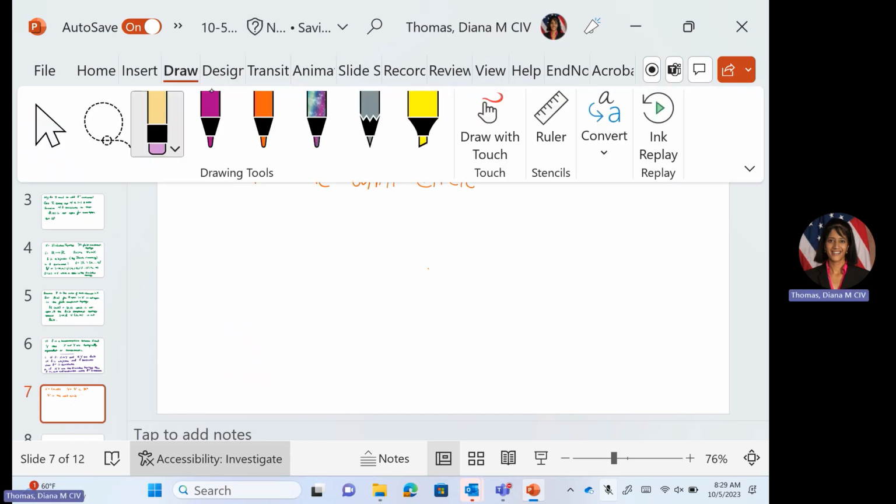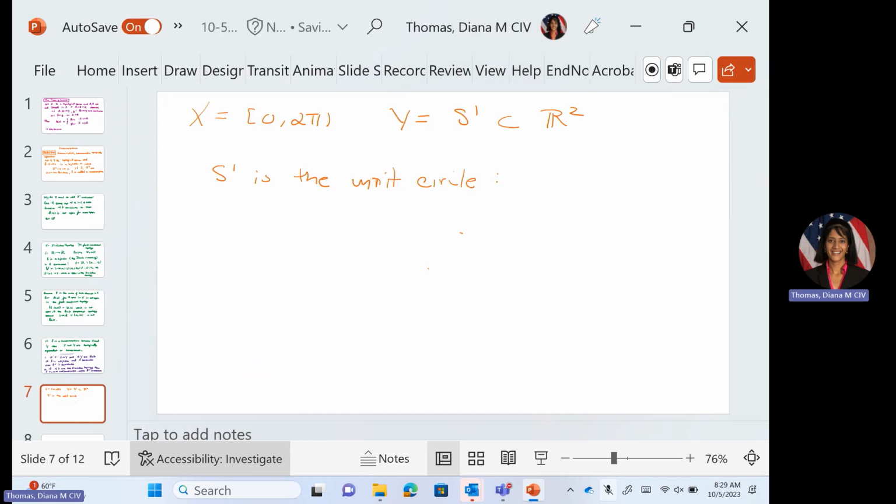So S1, we'll start using this notation for circles and spheres. The unit circle in R2 is defined as the set of coordinates such that x squared plus y squared is equal to 1. So we're down to pre-calc again.